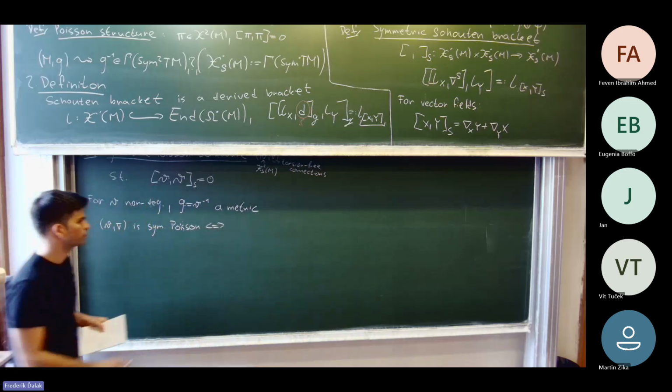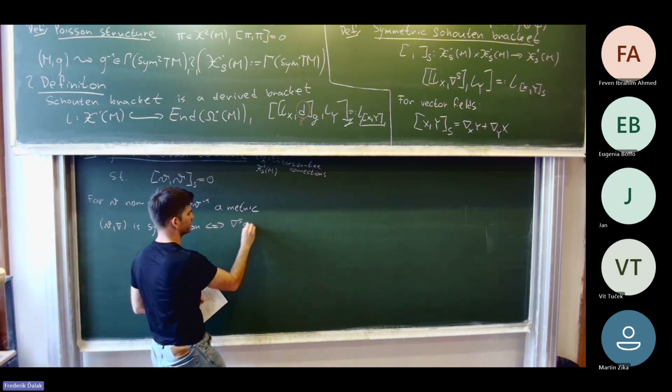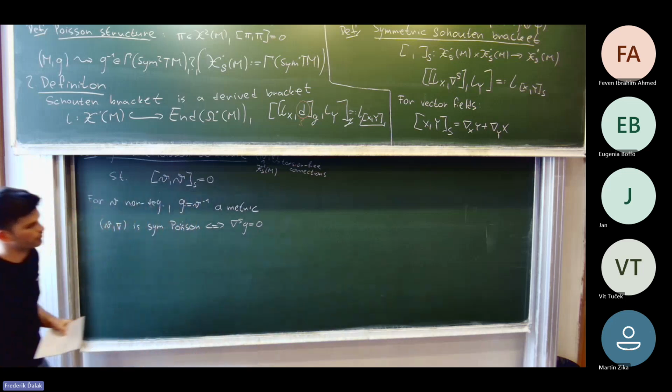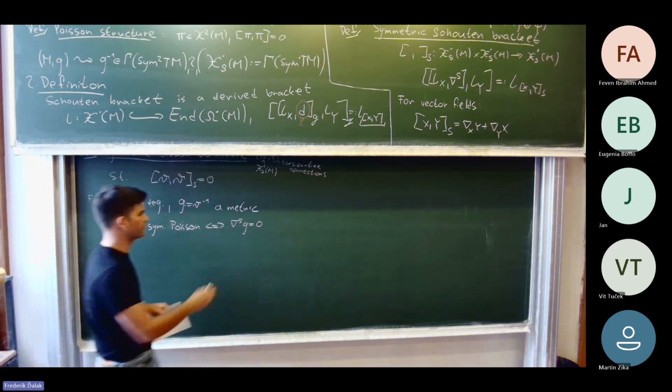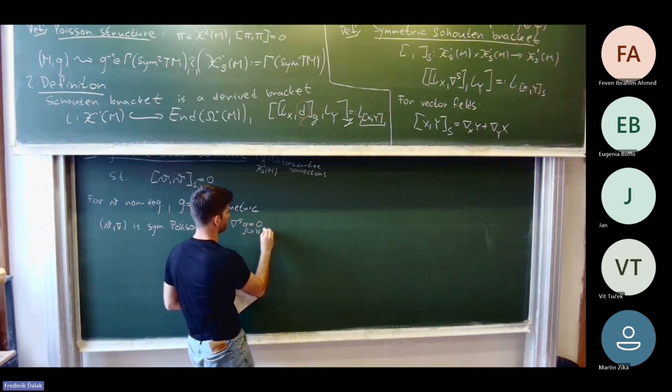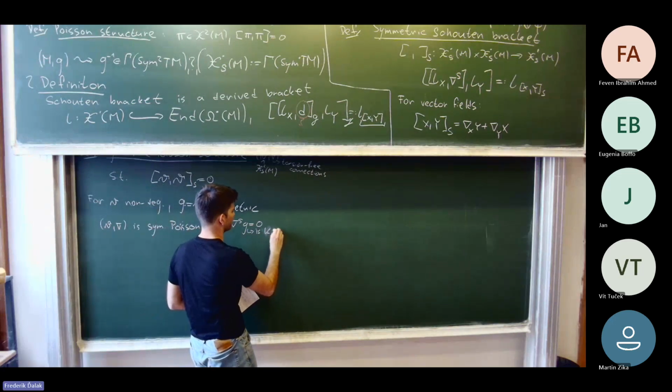Actually, the condition is that this metric is closed with respect to our symmetric derivative. And this condition actually has a name in the literature. It means that G is a Killing tensor.